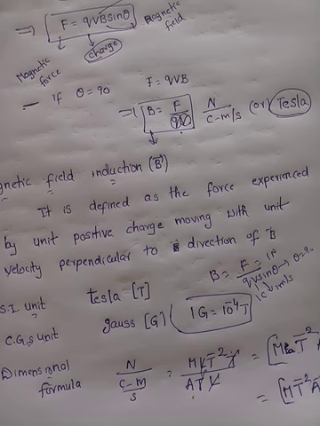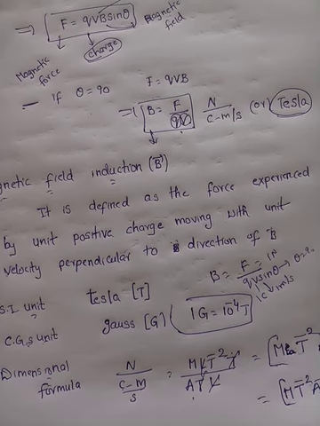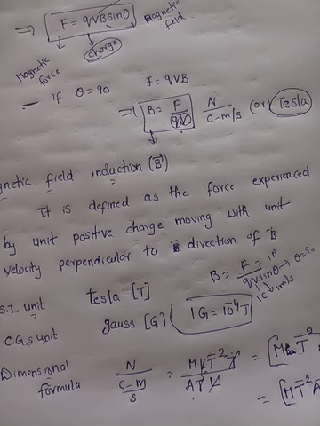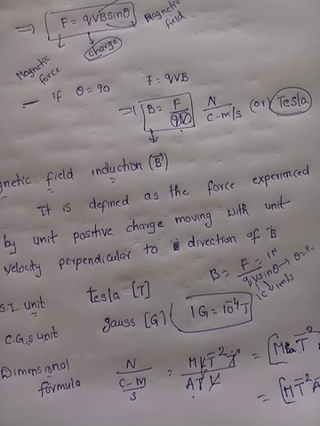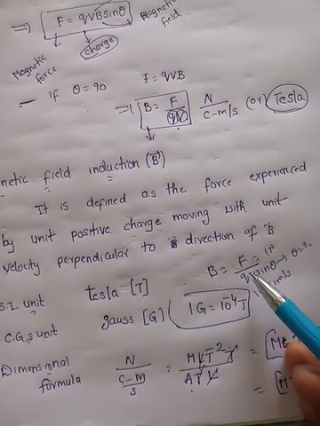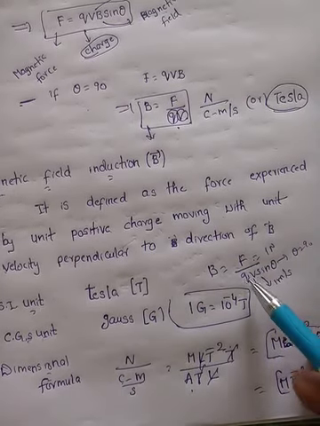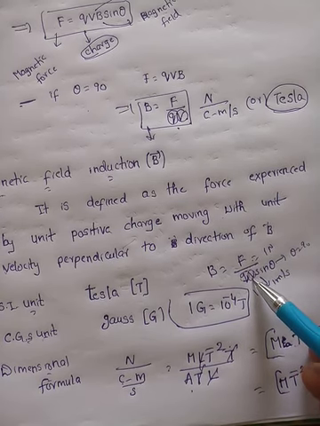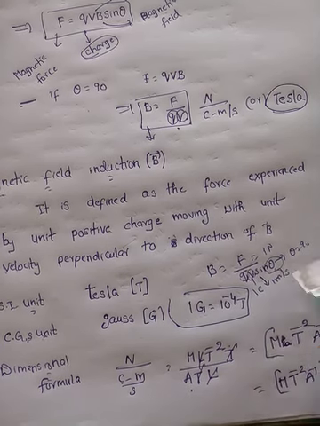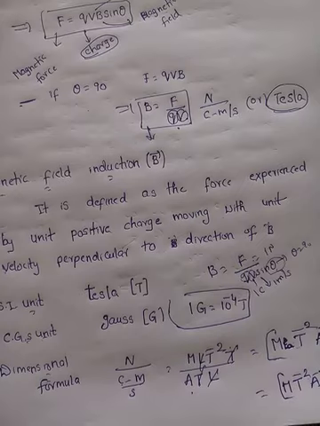So we can define Tesla as: the magnetic field strength is said to be 1 Tesla if 1 coulomb of charge moving with velocity of 1 meter per second perpendicular to magnetic field experiences a force of 1 Newton. Very important definition, one mark question.